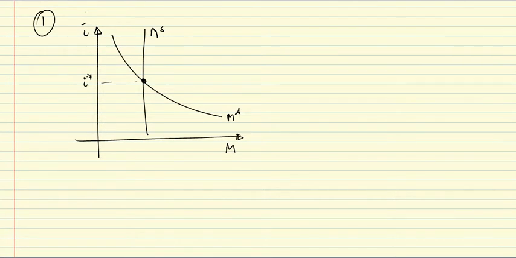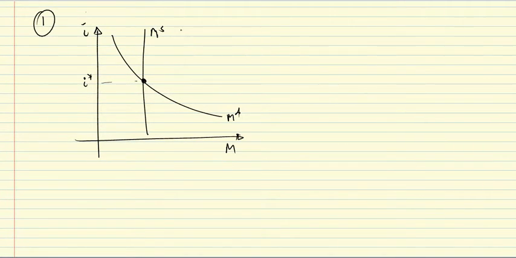So we're just going to talk about the money supply and money demand here. But in any case, the central bank wants to achieve a particular interest rate for the purpose of its monetary policy. In order to achieve that interest rate, it varies its money supply, supply of reserves in the economy.